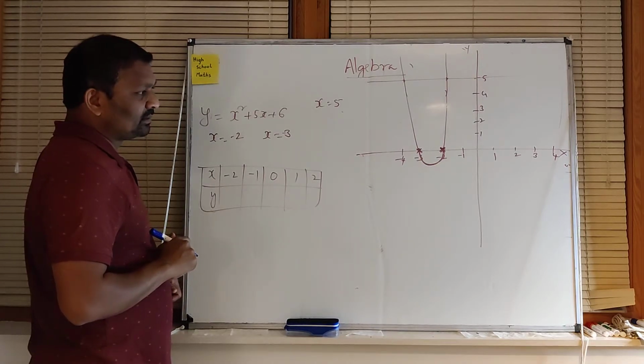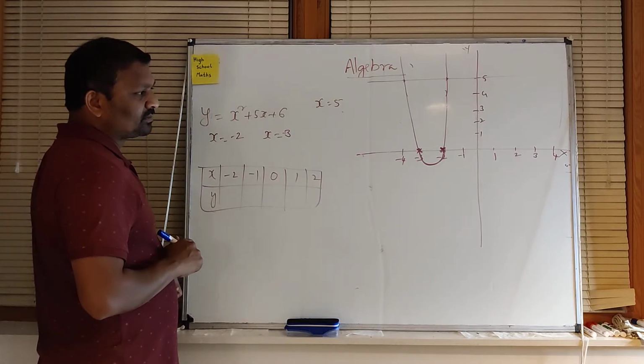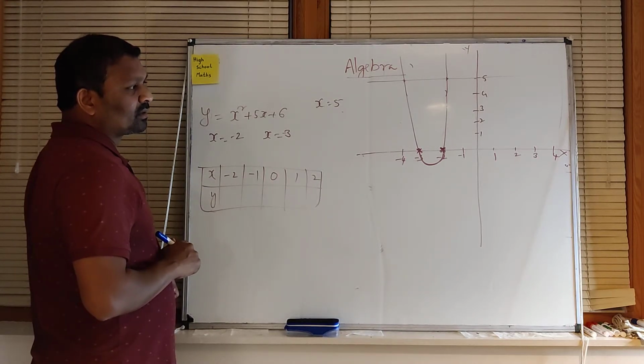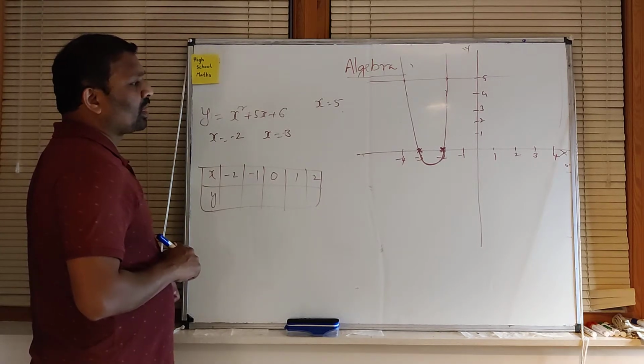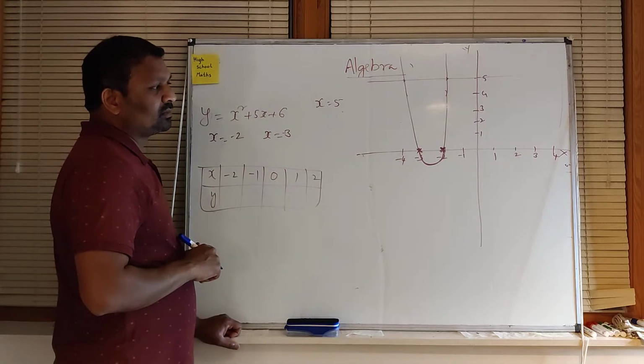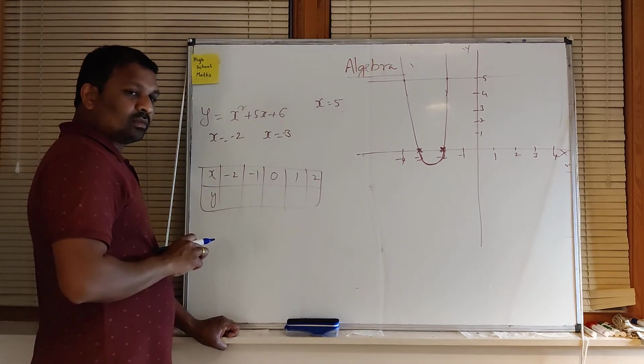It can't come, because it will only cut -3 and -2. No, it can't cut for 5.